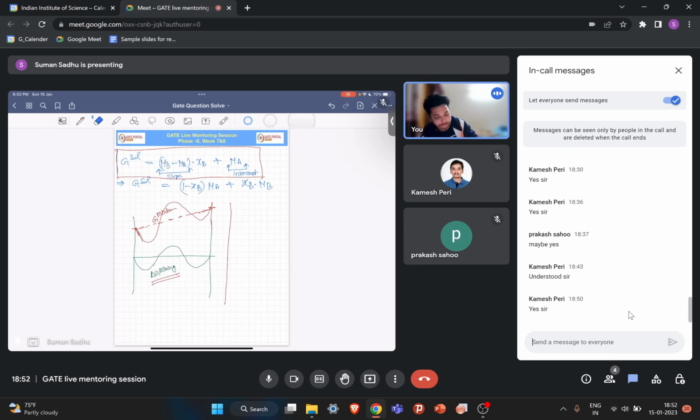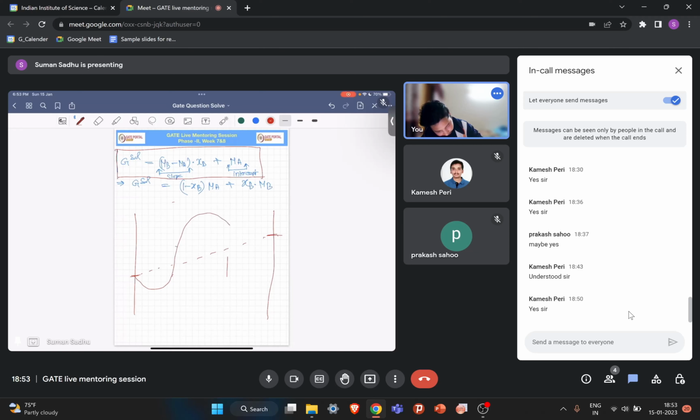So let me enlarge this diagram here. Only G solution will be plotted. So G solution, let's say GA and GB, will be something like this. Okay.